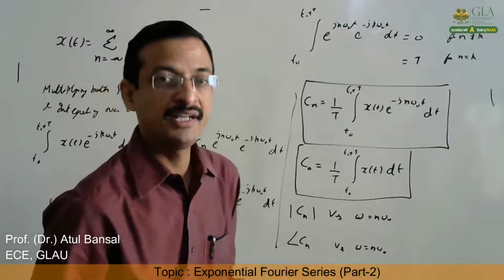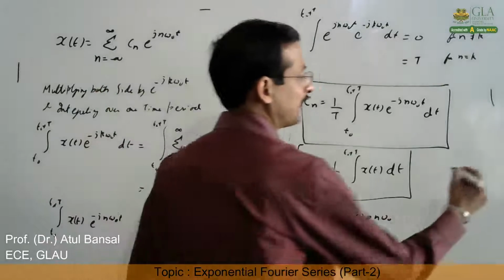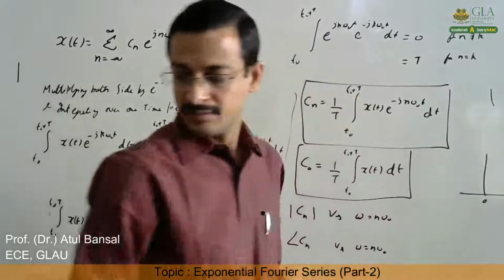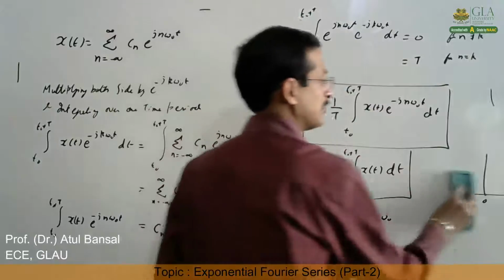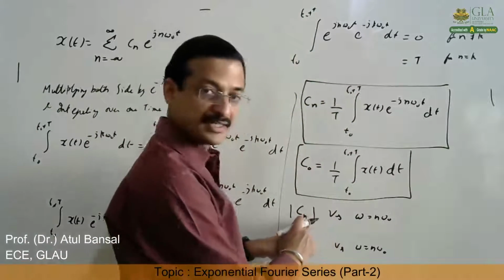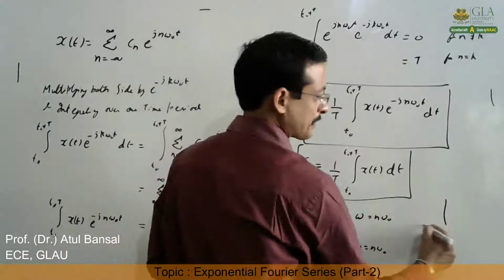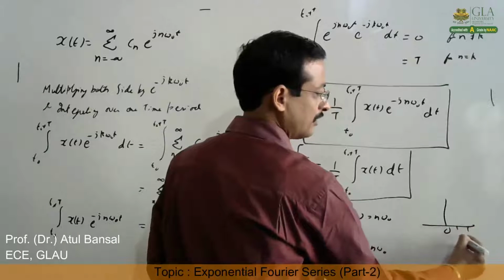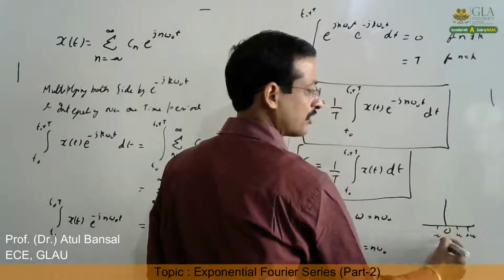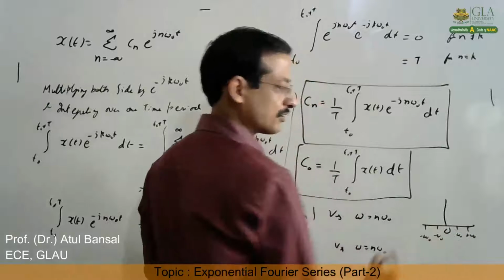That is, these coefficients will be defined at discrete values, that is at 0, omega naught, 2 omega naught, minus omega naught, minus 2 omega naught.